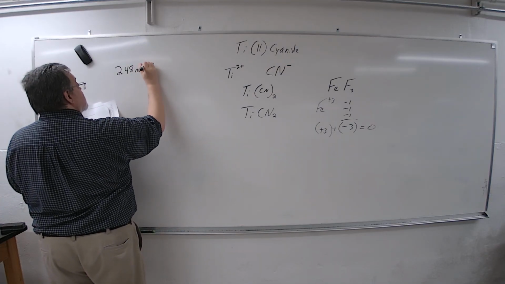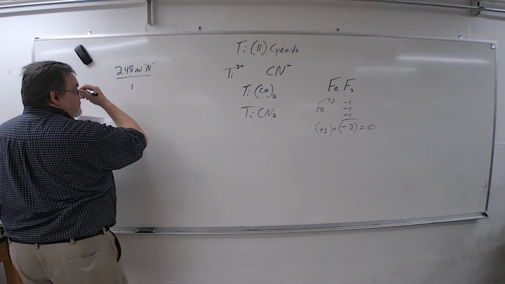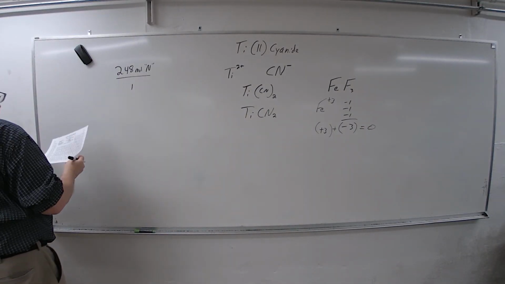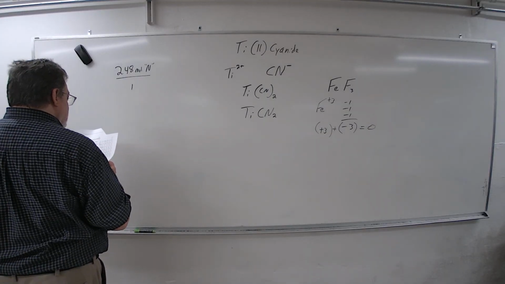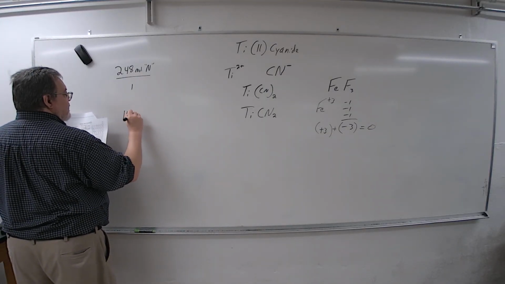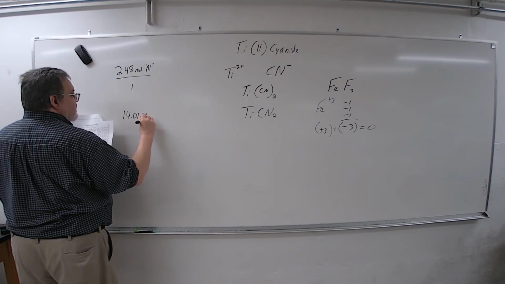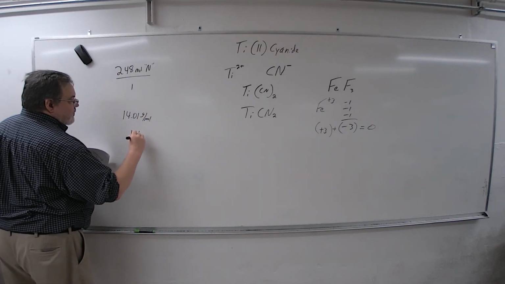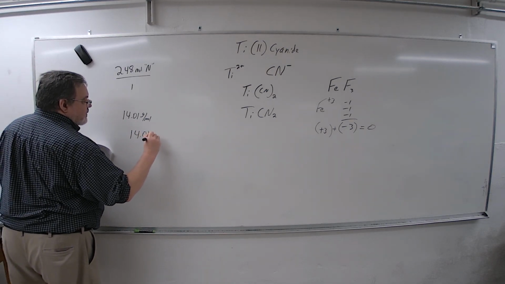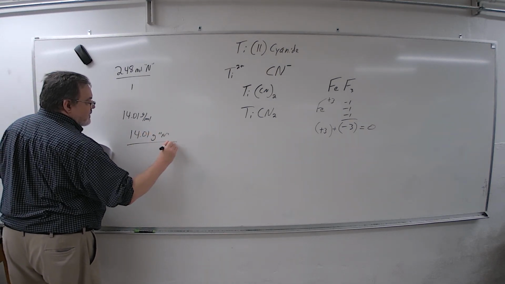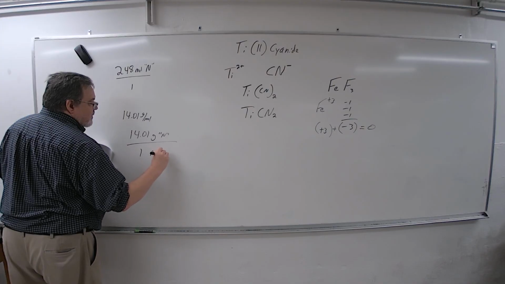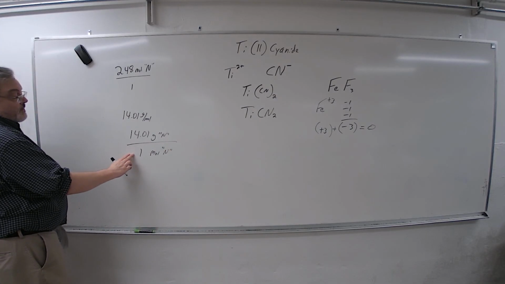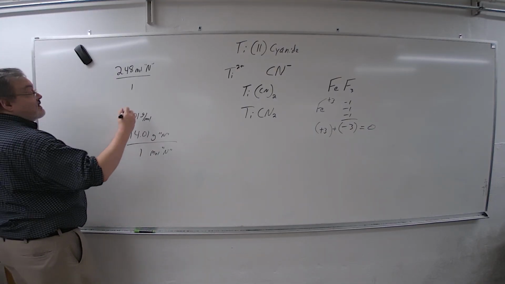What mass in grams do 2.48 moles of nitrogen weigh? You look on the periodic table, and you find out that nitrogen is 14.01 grams per mole. That's what you get off the periodic table, which is 14.01 grams of nitrogen to 1 mole of nitrogen.